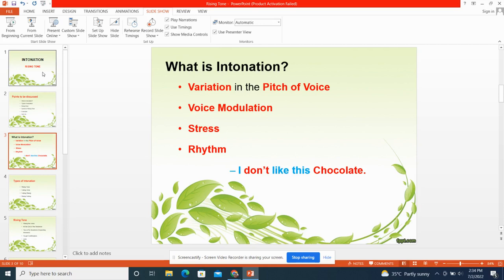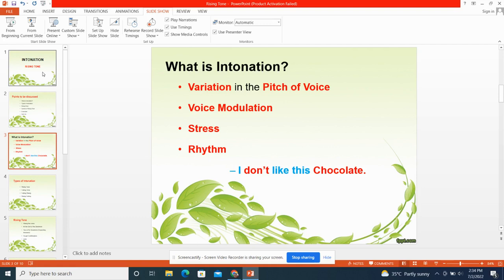How to use this modulation is very simple: we have to use stress. We have to give some stress in the sentences, which is very important and which makes sense. When you're using intonation, we get rhythm, which is very effective and makes communication effective too.